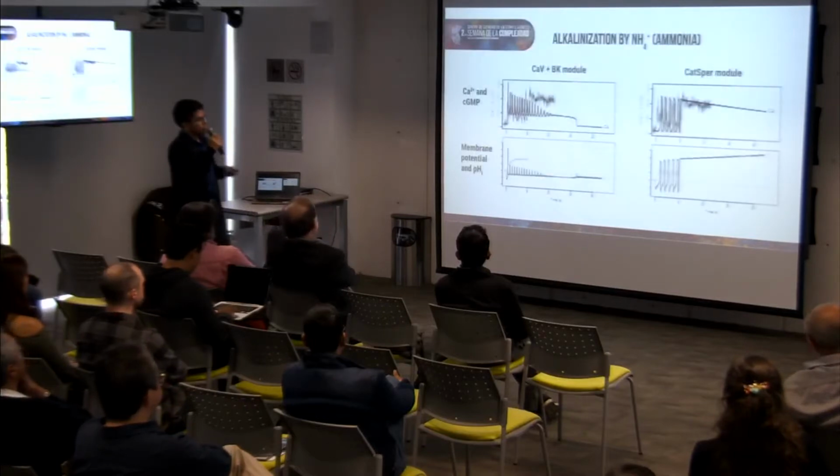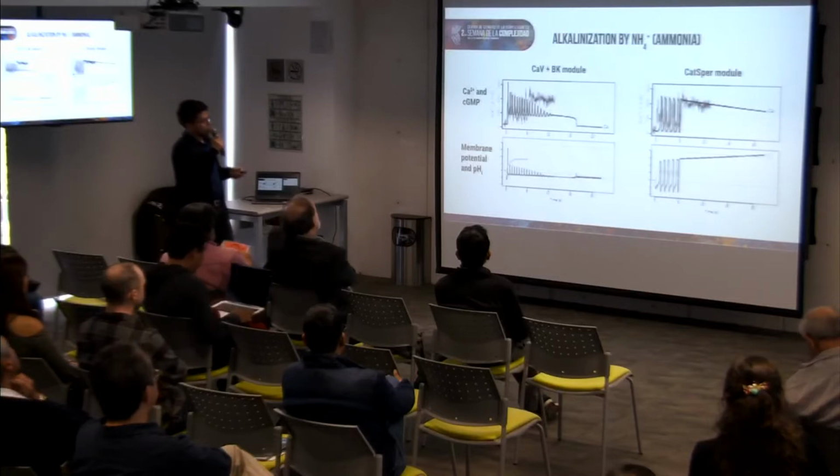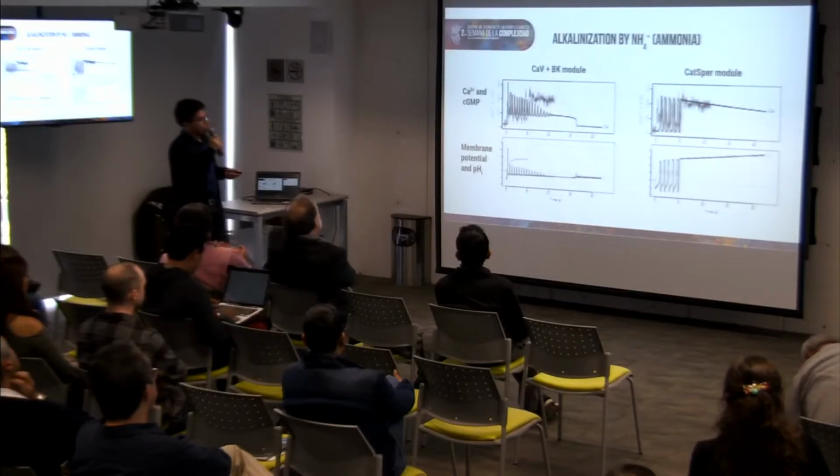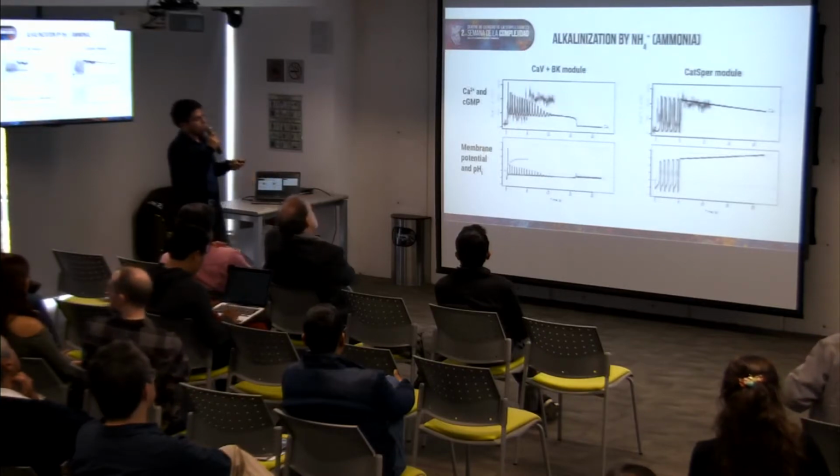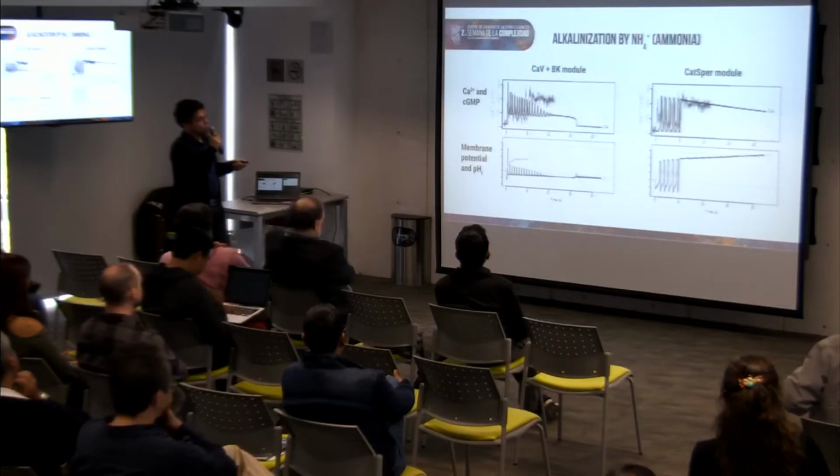So one alternative to evaluate how well these two models would explain the data is altering pH by external stimuli like alkalinization by ammonia.